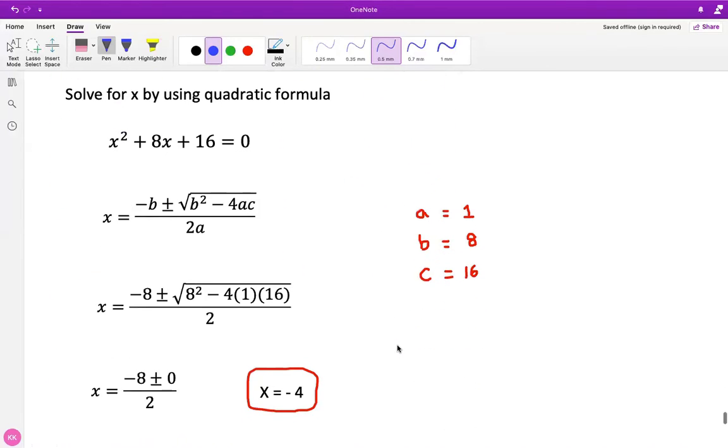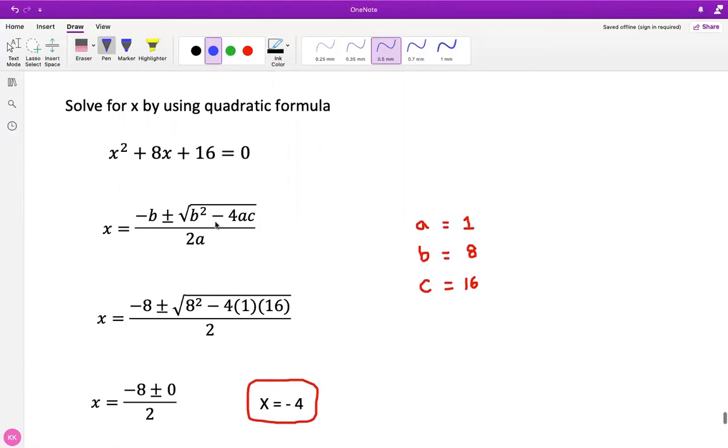In the second example, b squared minus 4ac is equal to 0, right? When we take a squared minus 4 times 1 times 16, you get 0 here. So when we have -a plus 0 or -a minus 0, it gives you the same answer. So x is only equal to -4, and only one solution here because the number inside the square root is 0.